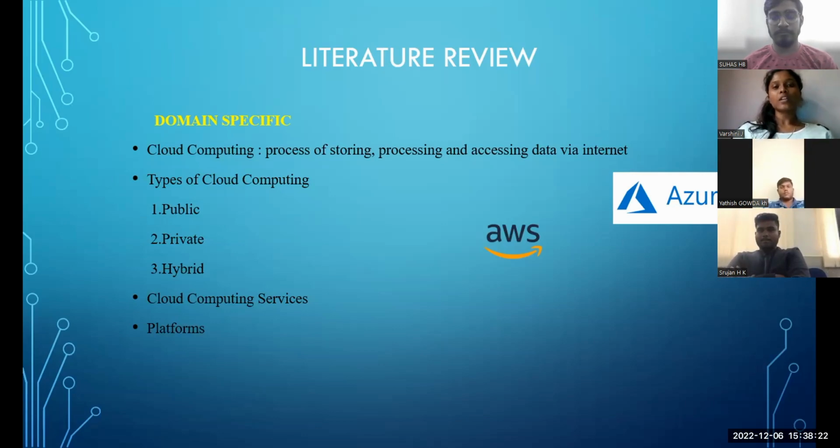The next one is infrastructure as a service. Infrastructure as a service means the majority of the work is to be done by yourself. Only the networking and storage features will be taken care of by the vendors. So this is what infrastructure as a service is.